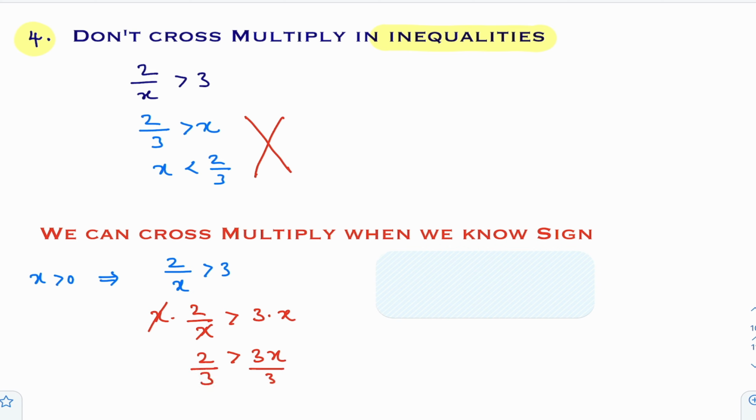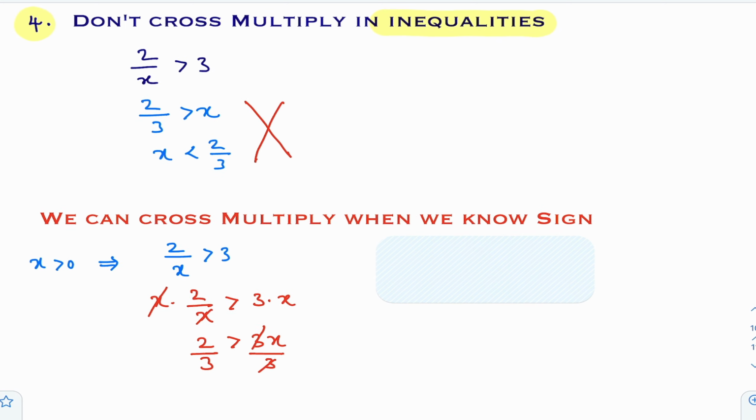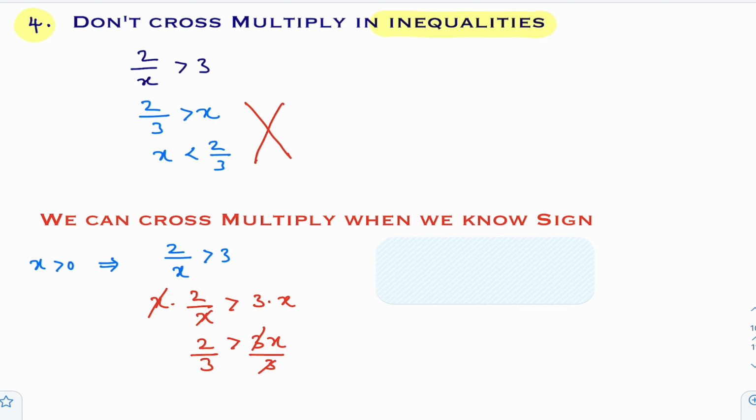As 3 is a positive real number, the inequality sign remains the same. Here this 3 will get cancelled. What you got is 2 by 3 greater than x, which can be written as x less than 2 by 3, right? So you got that x is less than 2 by 3.